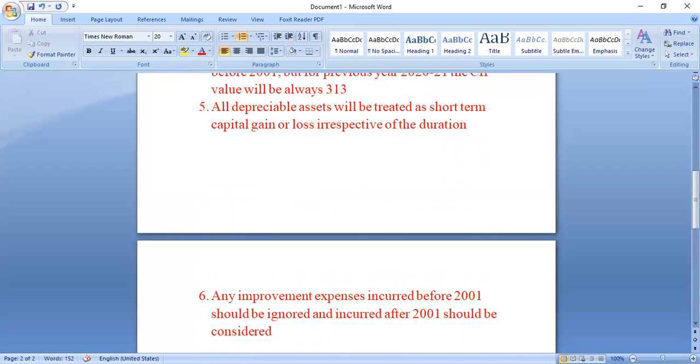And you know that improvement expenses means you have to construct additional rooms or additional floors, not common renovation and painting.